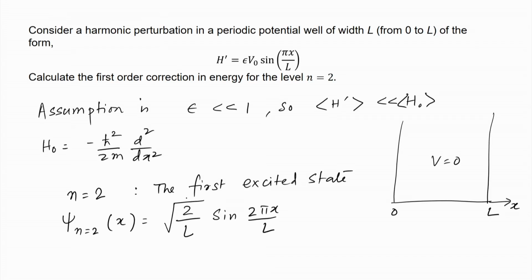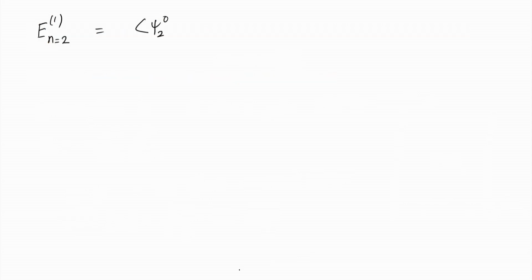Now, this n is equal to 2, and this is given by the formula psi 2 0, because it is unperturbed, we write a 0 here, so this is psi 2 0 H prime psi 2 0. So, this is the definition of the first order energy correction.